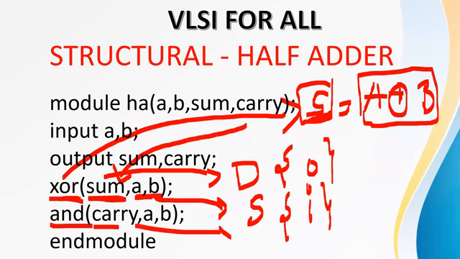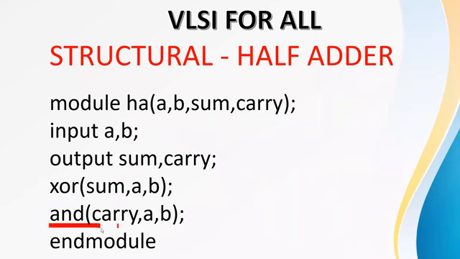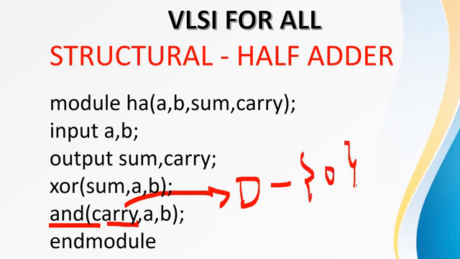Similarly, coming to the AND gate, this is the destination. Destination indicates output. And these two are the source, nothing but inputs, right?